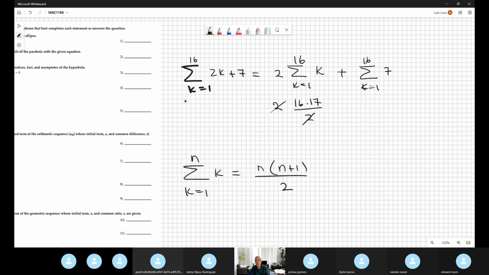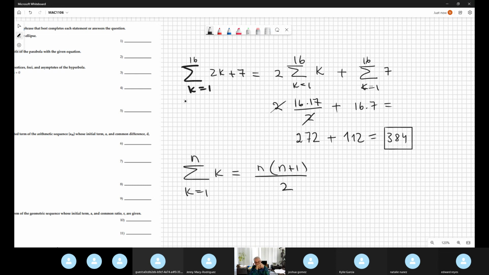Because these two cancel, you just multiply 16 and 17. And here no, because 7 is a constant, so you multiply 16 times 7. 16 times 17 is 272, and 16 times 7 is 112, and together it is 384. Boom. Final answer.